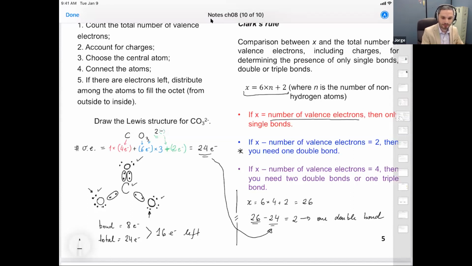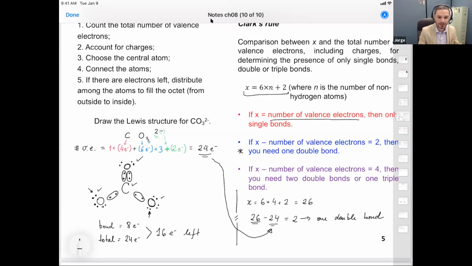And let's see if we used the 16 electrons that were left here: 2, 4, 6, 8, 10, 12, 14, and 16. So therefore, the 16 electrons left were used to fill up the valence shell for the oxygens and achieve stability.